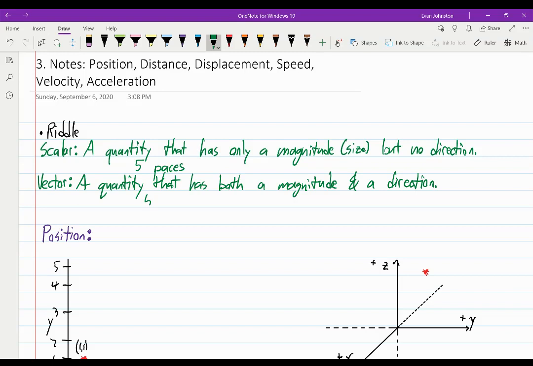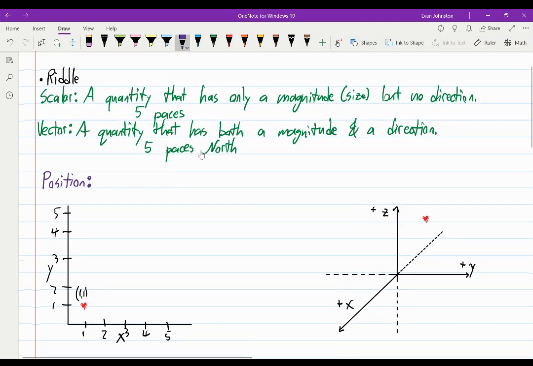So, for instance, this instead would be 5 paces north. It has a direction, or to the right, or some way that indicates to you which way it's going. In physics, a lot of things are vectors, a lot of things are scalars, and we have to know the difference between them, all right?